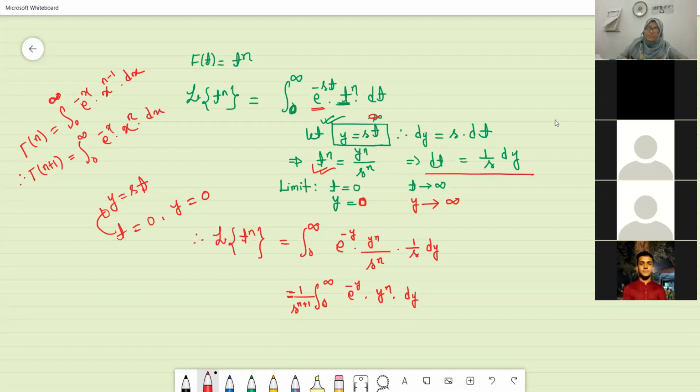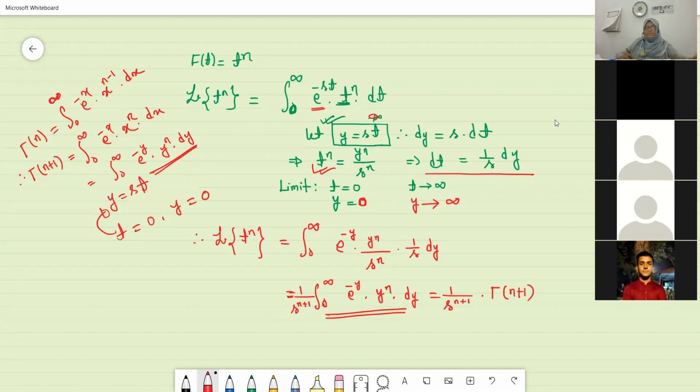Now we will replace this variable x by y. Then it will be the integral from 0 to infinity of e to the power minus y, y to the power n, dy. So what can we write in this place? Gamma of n plus 1.